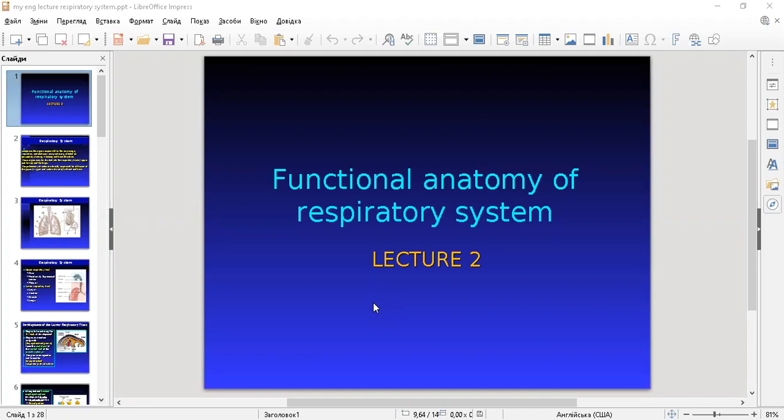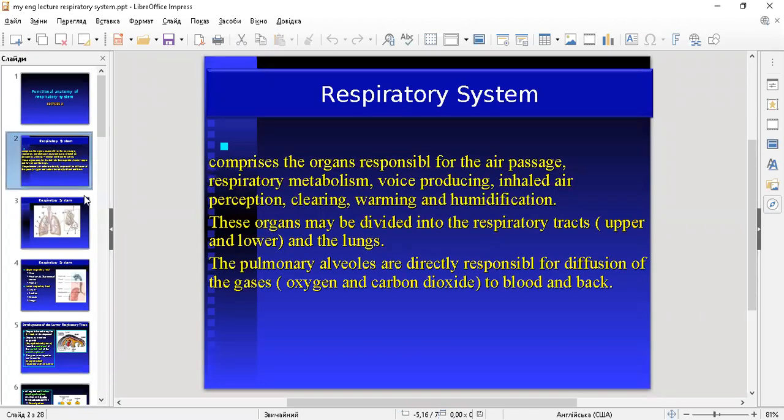Our lecture today is Functional Anatomy of Respiratory System. Respiratory system comprises the organs responsible for the air passage, respiratory metabolism, voice producing, inhaled air perception, clearing, warming, and humidification.